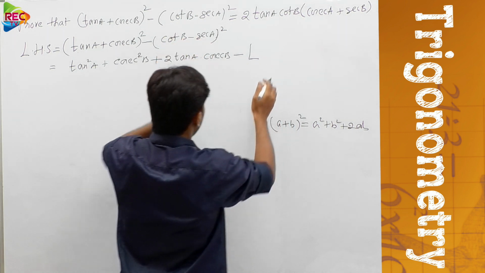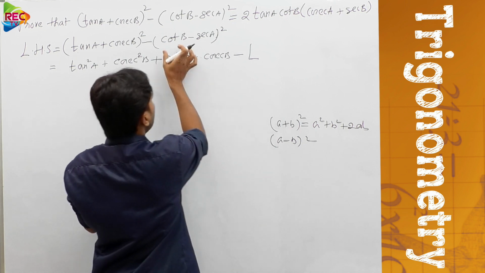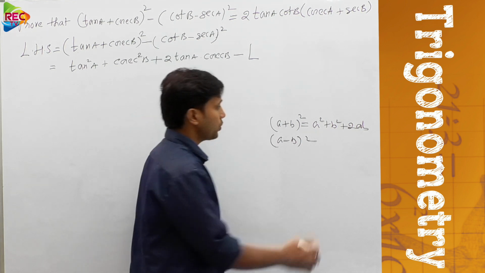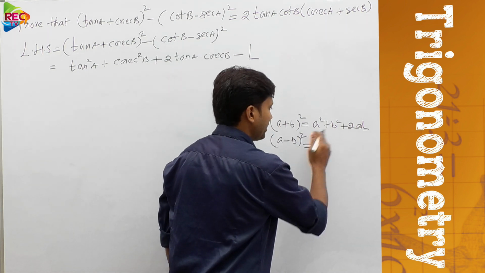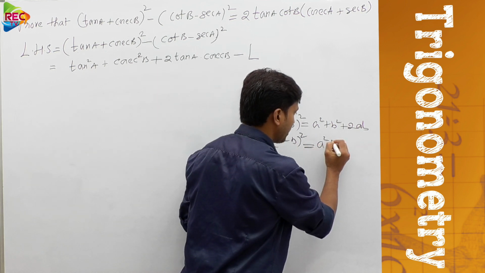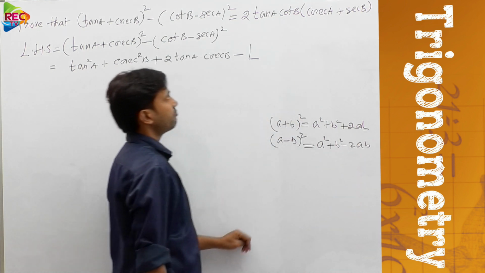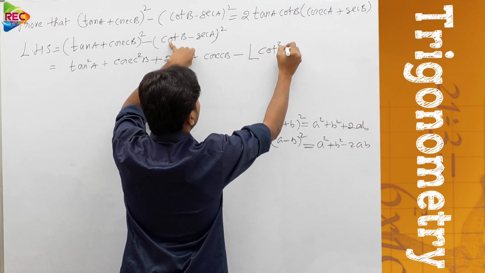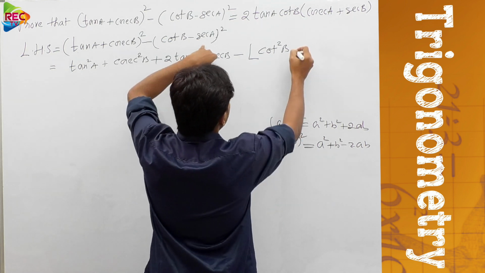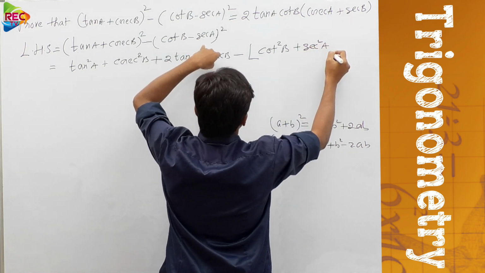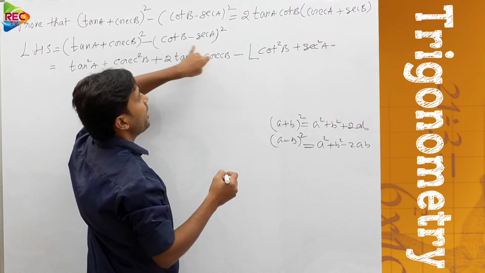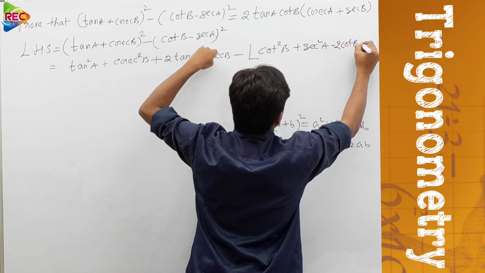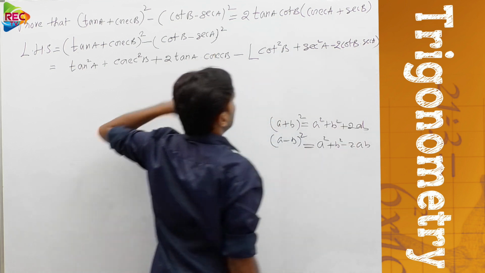Now this is in the form of (A − B)², if you consider cot B as A and sec A as B. So it can be expanded into A² + B² − 2AB. A² means cot² B, and sec A is squared, so sec² A, minus 2AB, which means 2 cot B sec A.